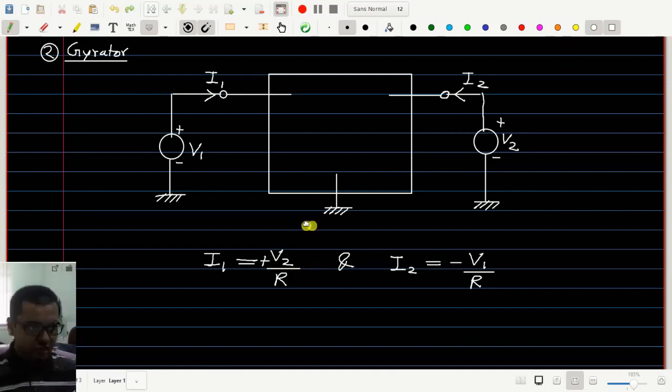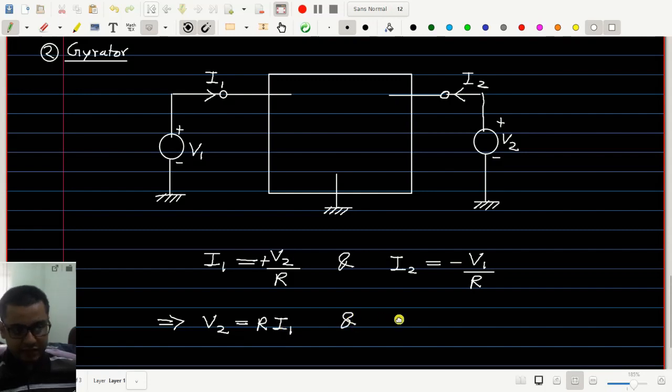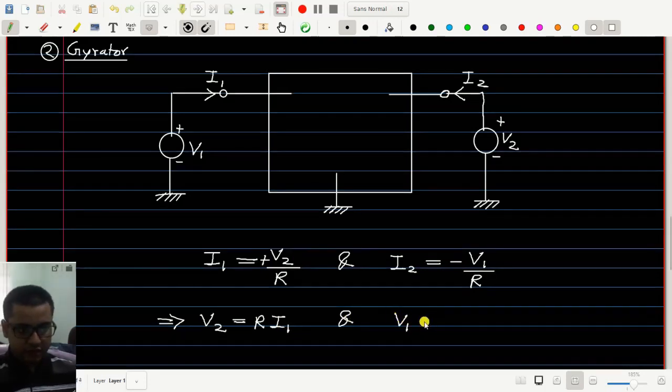Anyway, please notice the polarities of these voltages and the directions of these currents that I have shown in this diagram. You may also write these two equations as V2 equal to R I1 and V1 is equal to minus R I2.